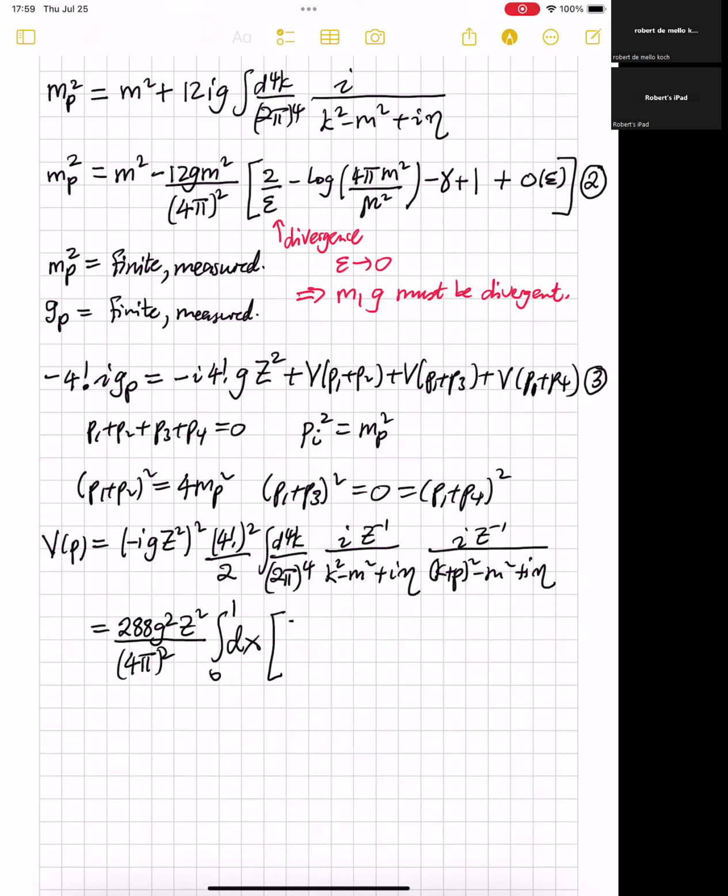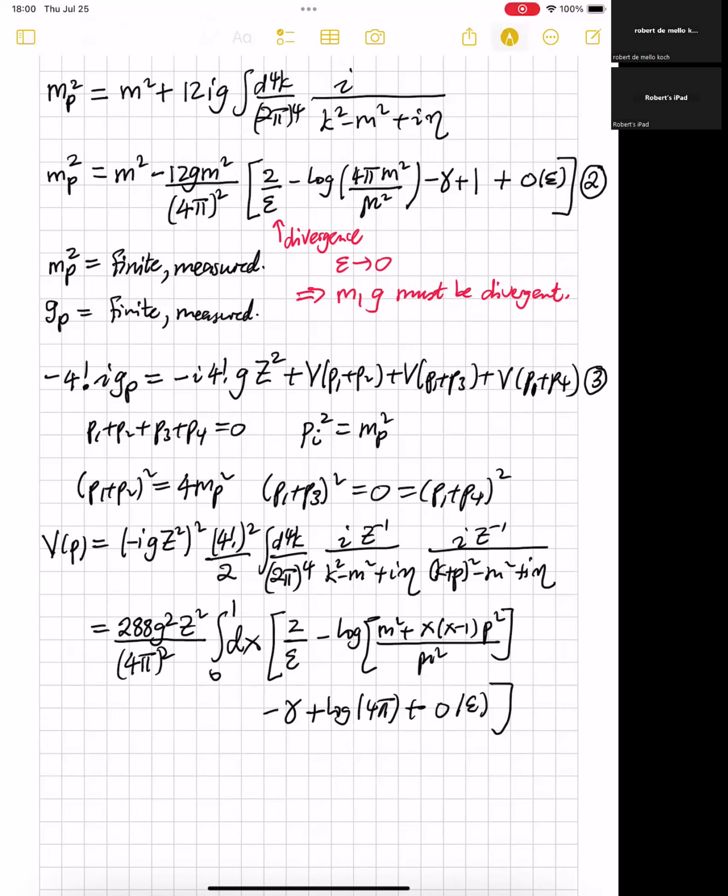And then we had 2 over epsilon minus the logarithm of m squared plus x into, it was x minus 1 p squared over mu squared. It was minus gamma plus log of 4 pi, and then plus order epsilon.